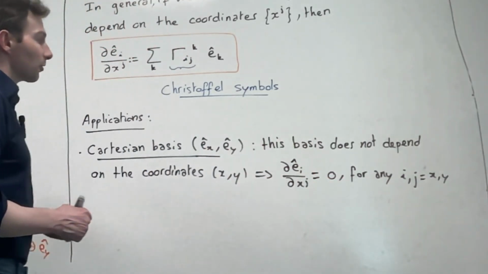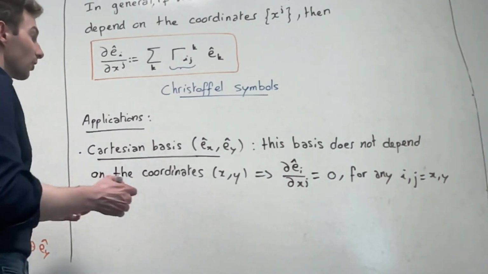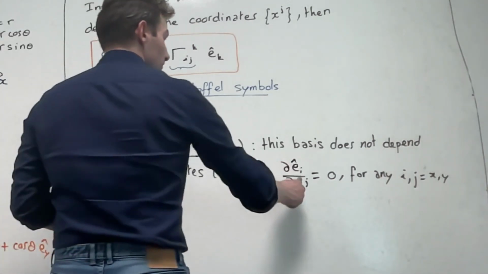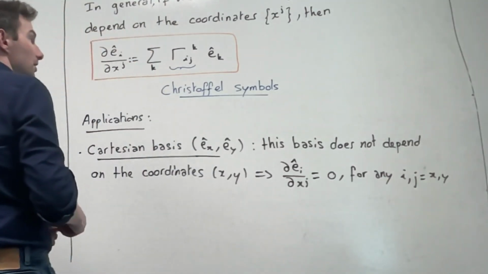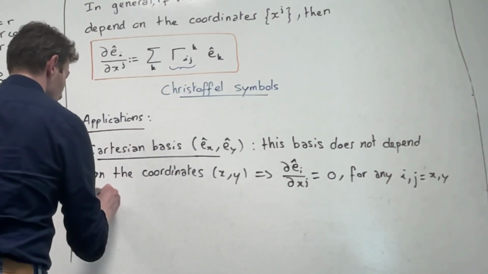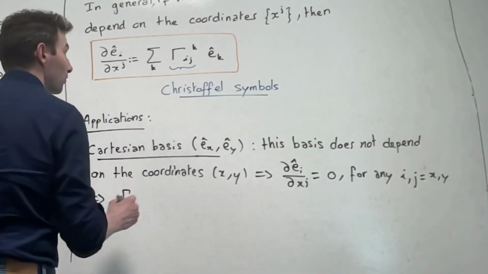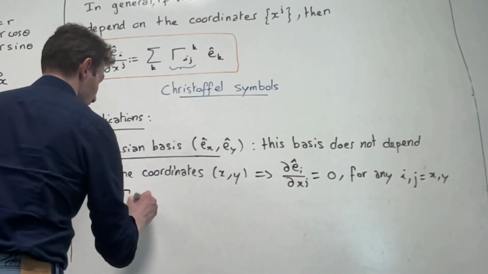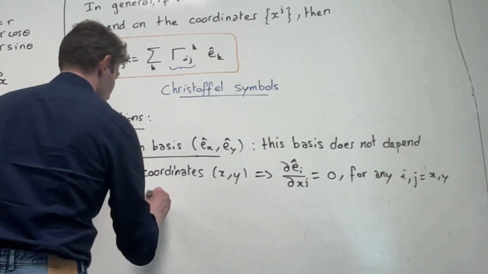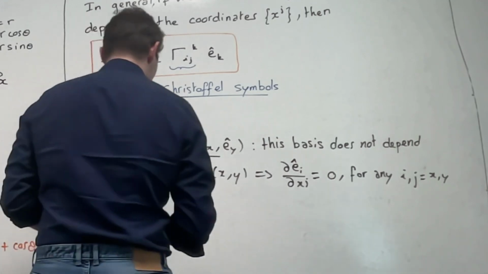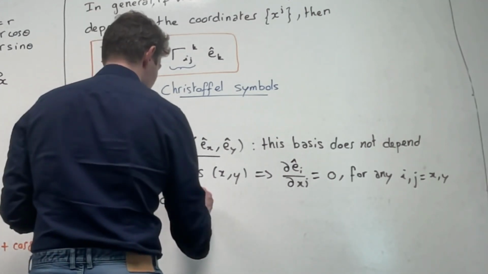Okay, so the only possibility here, because you need to have 0 for any I, j, etc., is that you need to conclude that gamma for the Cartesian system is going to be equal to 0, okay, for all possible values.